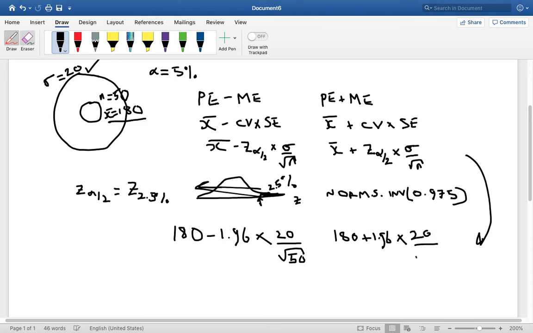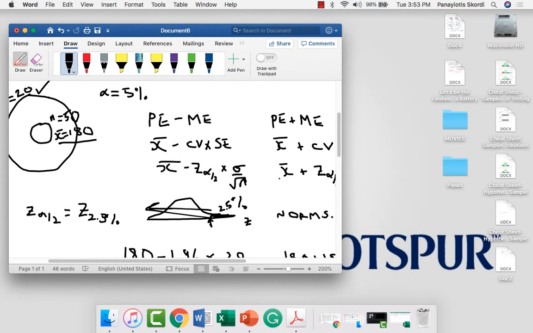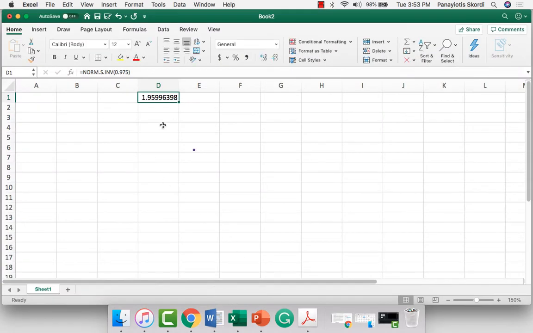So it's up to you how you do this. You can try and crunch it on a calculator. I would personally not recommend that. I'm just going to pop back over to Excel, and let's see what we can do in Excel. So in Excel, we already know that that is going to be our critical value. So we can actually crunch out the calculation, or we can try and solve it in different ways.